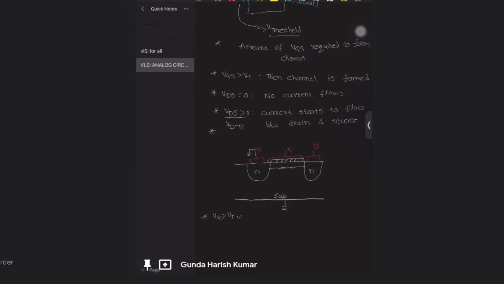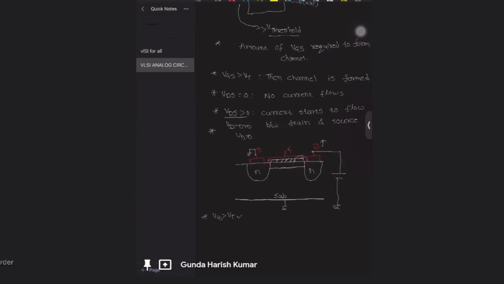In this case, VDS is greater than 0. That means if the source is 0, VD minus 0 is greater than 0, so VD is greater than 0. The voltage at VD starts increasing.